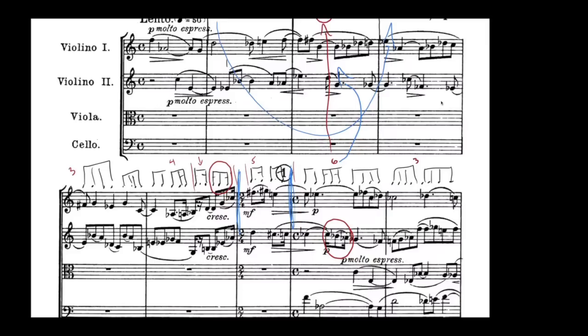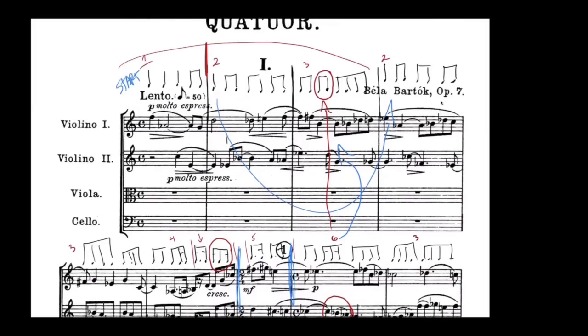Because what happens in the next bar? He's changing the harmonic rhythm in a sense. He's giving us a 2/4 bar instead of these 4/4 bars right before he goes on to the next segment where that rhythm 3 is modified slightly.